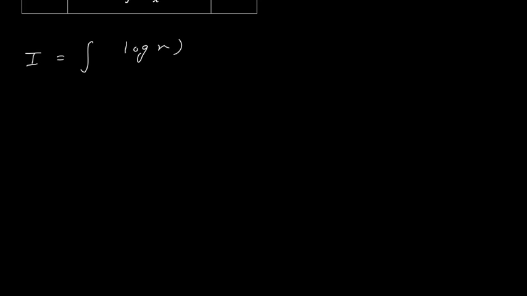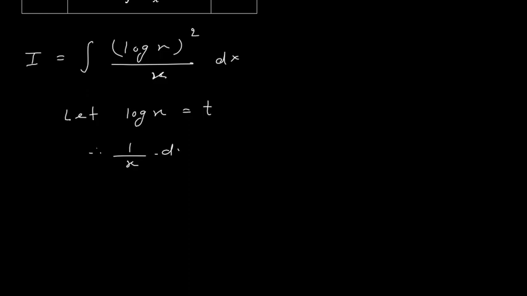Now here your next problem is I equal to integration of log x the whole square whole divided by x into dx. What we do here? Yes, you are right. Here we will substitute log x as t. So let's take log x is equal to t. Therefore derivative of log x, 1 upon x into dx, will become dt.